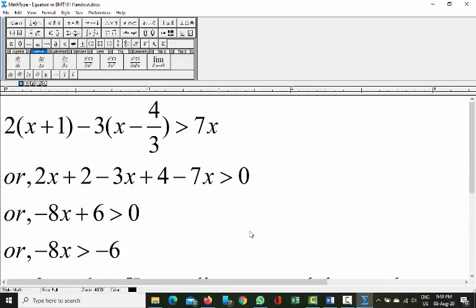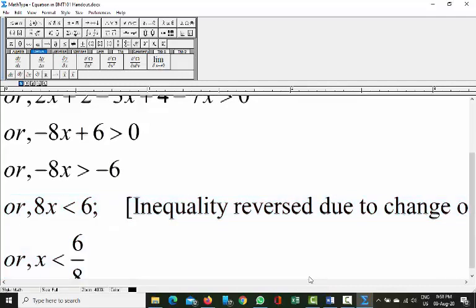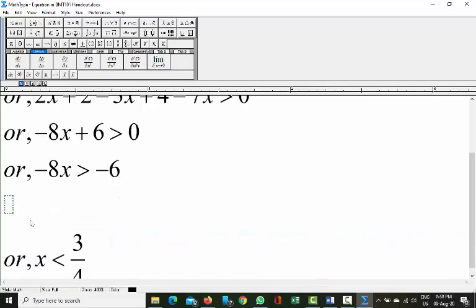Right. So we can solve this one in a different way as well. Here we have minus 8x greater than minus 6. So now, for example, instead of moving this one to the right hand side, let us move this one to the right hand side.